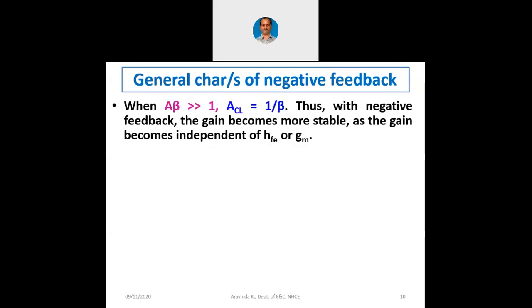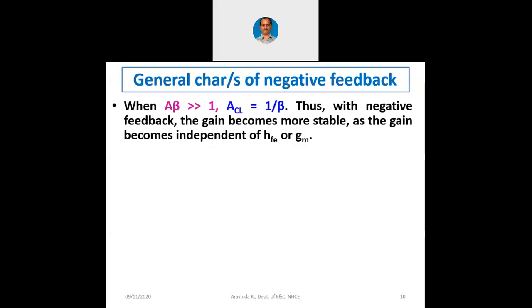So now the closed loop gain becomes independent of the individual gains of the active devices themselves. So this is a good sign for us. Good sign in the sense the gain is going to become more stable. The closed loop gain is only dependent on the feedback factor now.